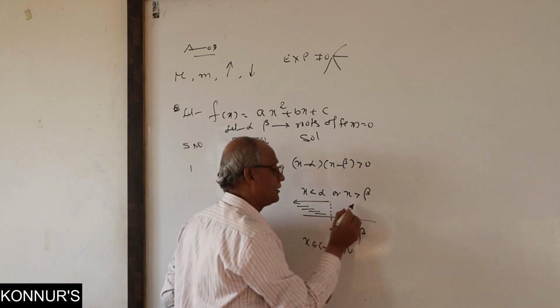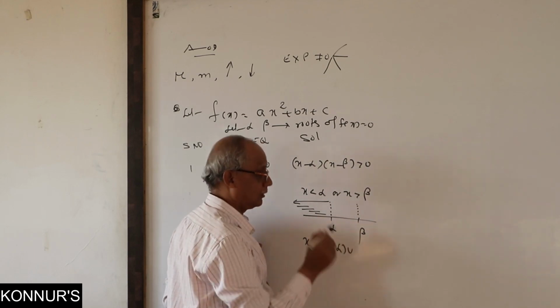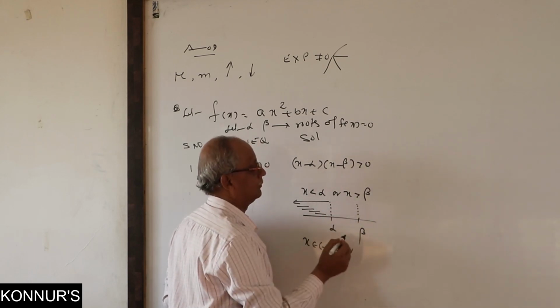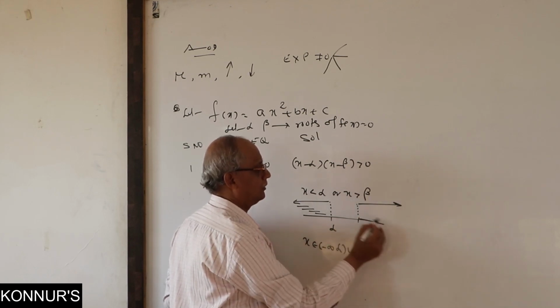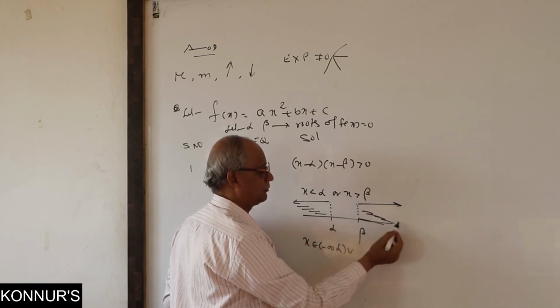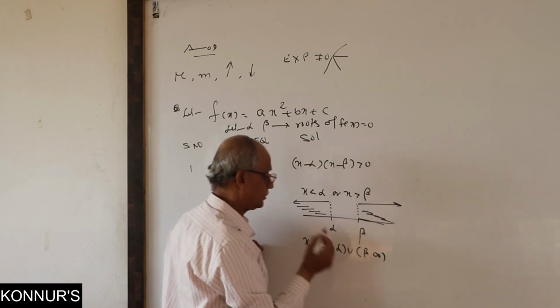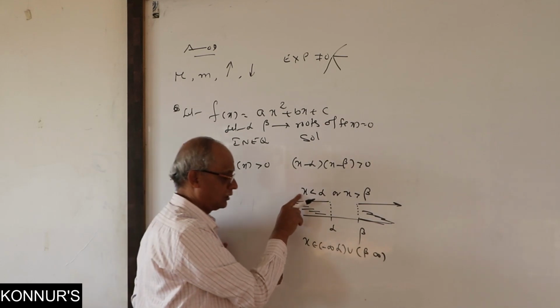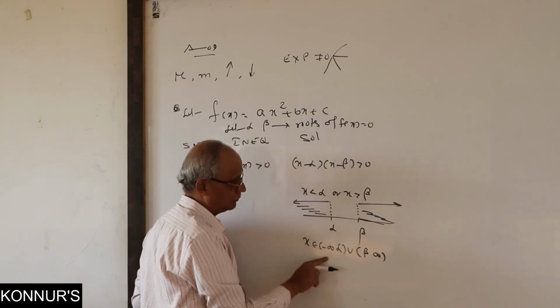Here beta is not included, dotted line. If beta is included, full straight line. After that, greater than, right hand side. How far will it go in this way? Up to infinity. Or beta to infinity.